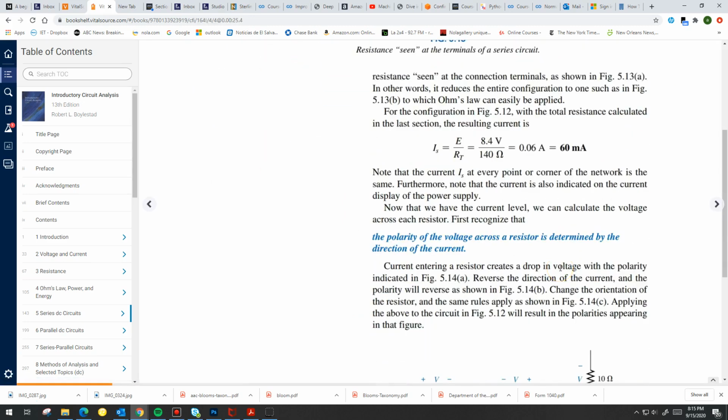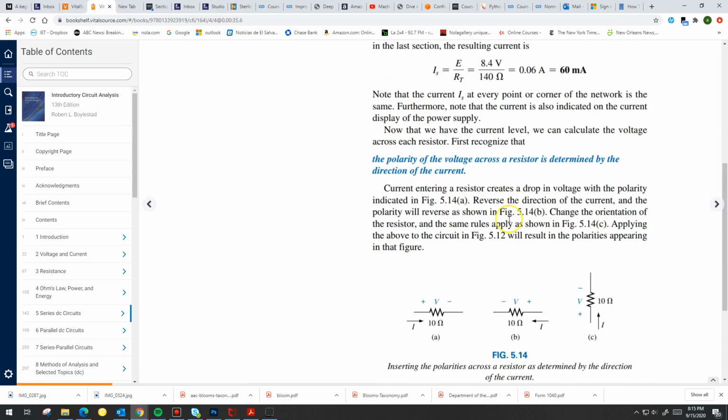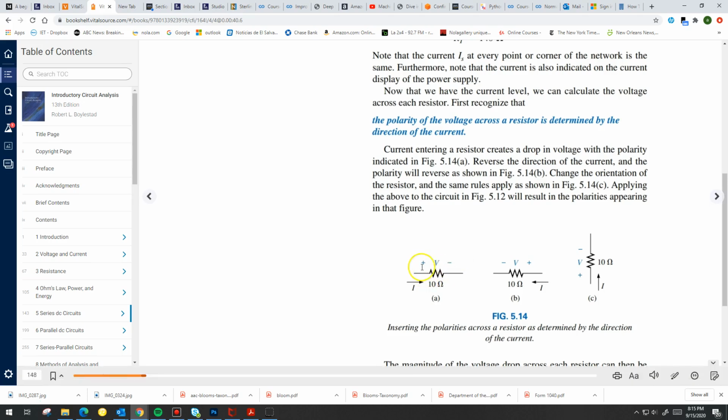The polarity of the voltage across the resistor is also determined by the direction of the current. Remember, I talked about this before in relation to conventional current flow, but it's important that you review this. If you know the polarity of the voltage across the resistor, then automatically you should know the direction of the current.